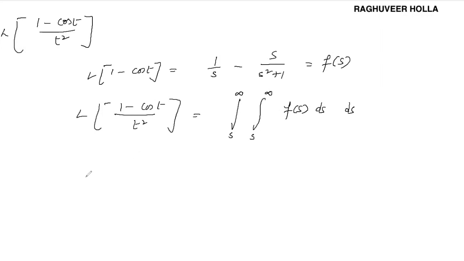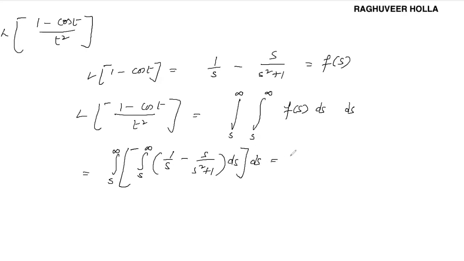Let us substitute. Now this is integral s to infinity. We'll integrate the inner integral 1 by s minus s by s square plus 1 ds and ds. So this will be log of s minus 1 by 2 log of s square plus 1.